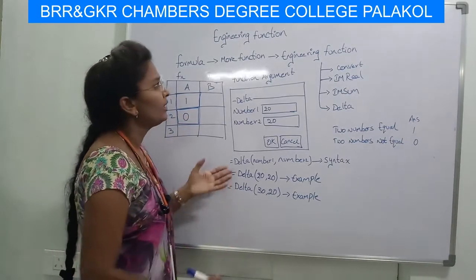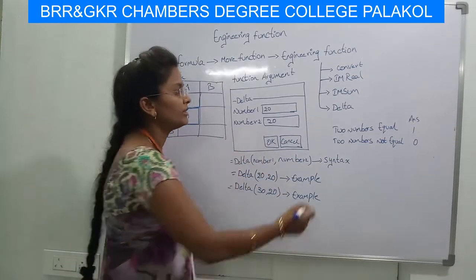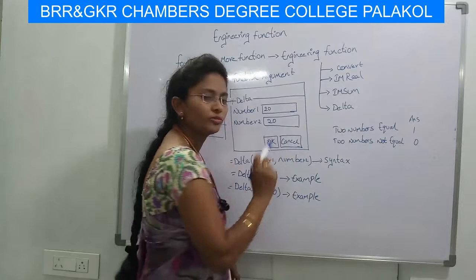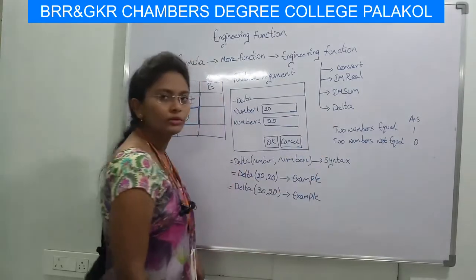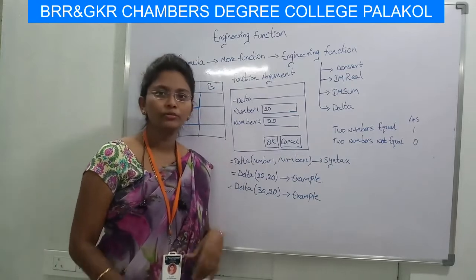These are the engineering functions. First one is the convert function, second one is the real function, third one is the sum function, and the fourth one is the delta function. These are the engineering functions.